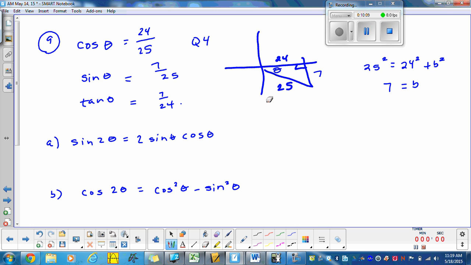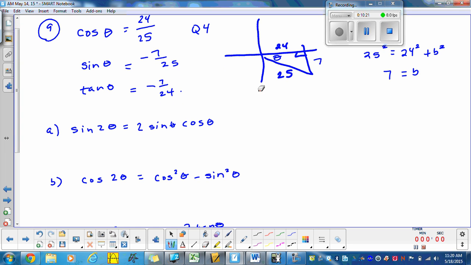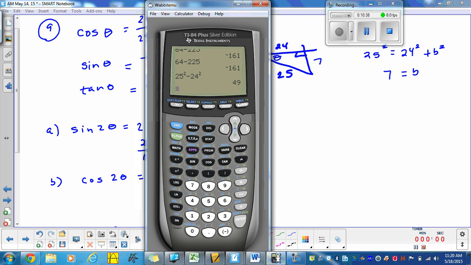Now, the angle is in quadrant 4. So cosine is the only one that's positive in quadrant 4, so we do need to make these two negative. In question number 9, they're asking us to find the sine of 2 theta. So 2 times negative 7/25 times 24/25. To remember, you put 2 over 1 and you do your multiplication.